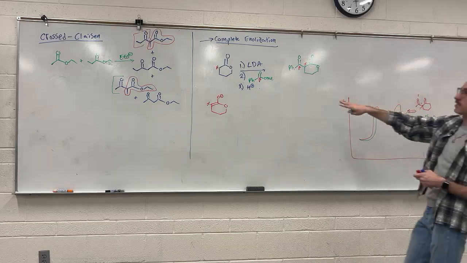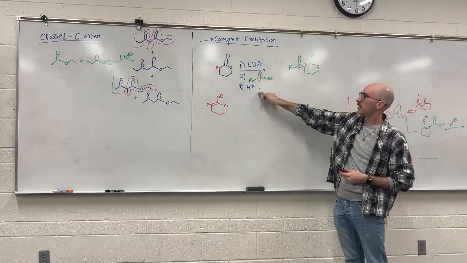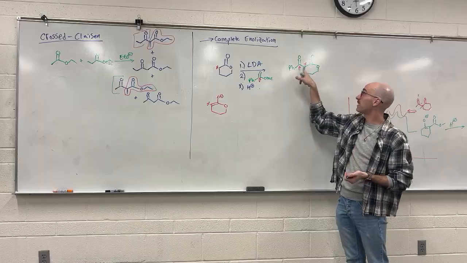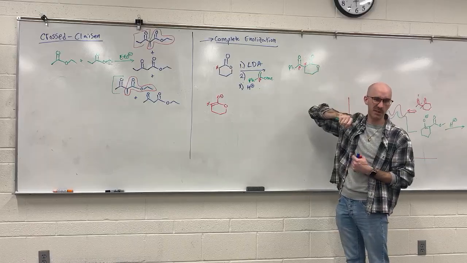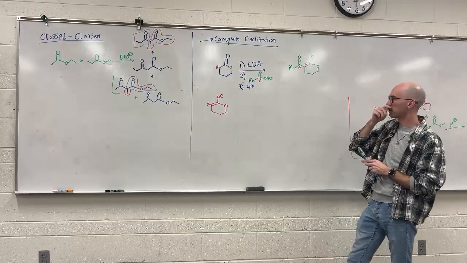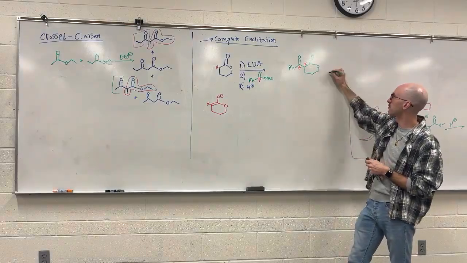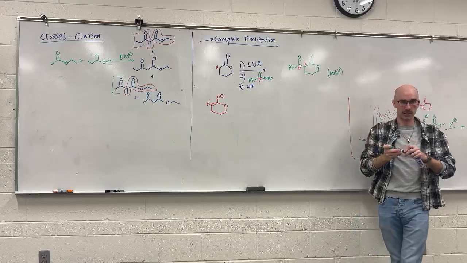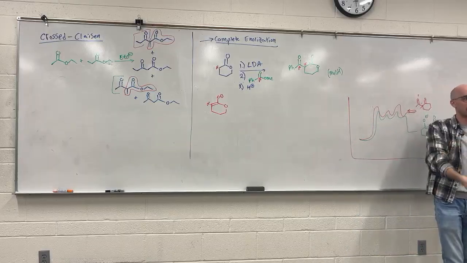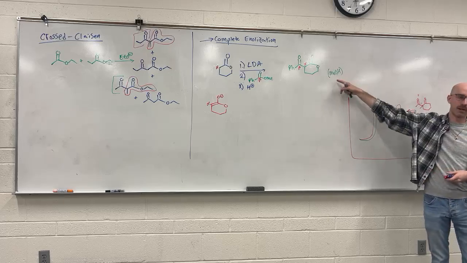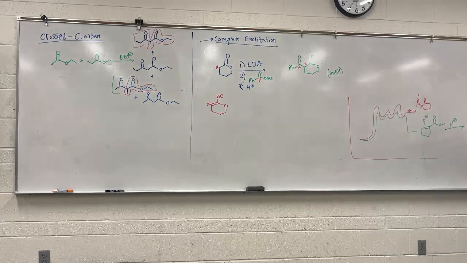This ester linkage gets kicked off, which means that it becomes a good base to that alpha position and it deprotonates it, which is why I need that acid workup. So there is an equivalent of methanol, because once again, this is a condensation reaction. So I'm condensing a small molecule out of the structure. So the byproduct is methanol. Good catch. All right.